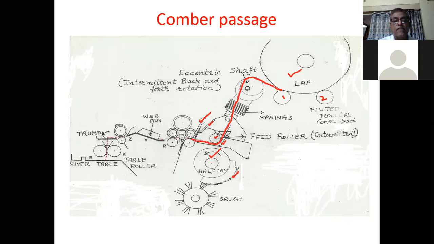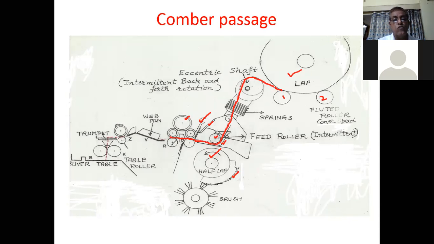Now it is passing between the pair of detaching rollers. So these are two pairs of detaching rollers. And this roller is used to clean the top detaching roller. Whenever the fibers are clinging to the top detaching rollers, it is cleaned by this roller.